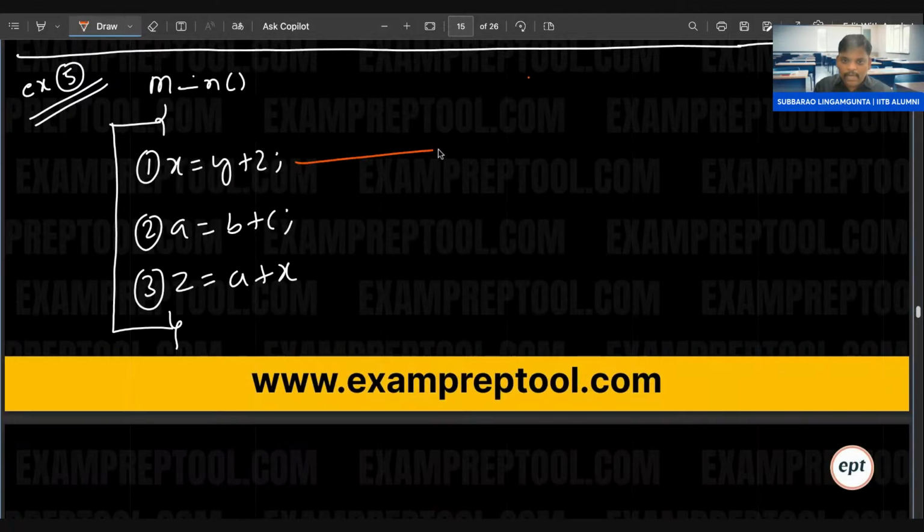First statement, order of magnitude is 1. Second statement, order of magnitude is 1. Third statement, order of magnitude is 1. If you add all of them, 3.